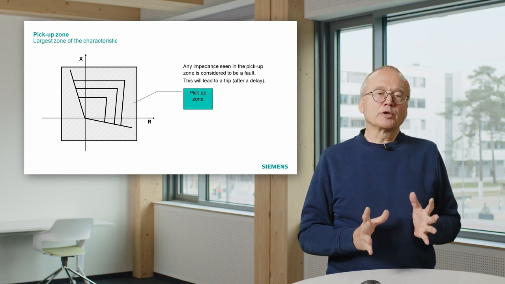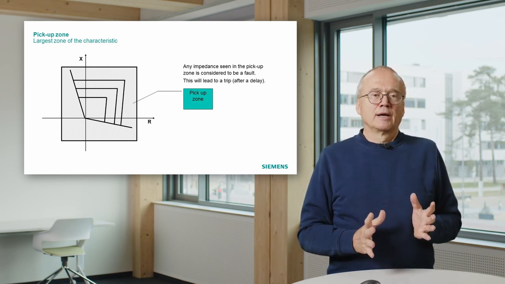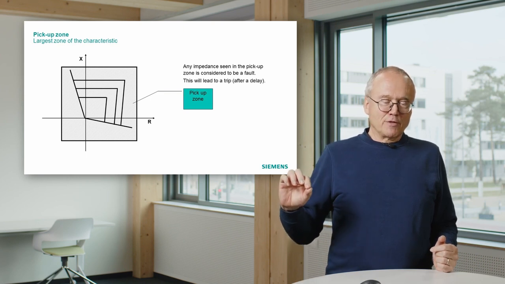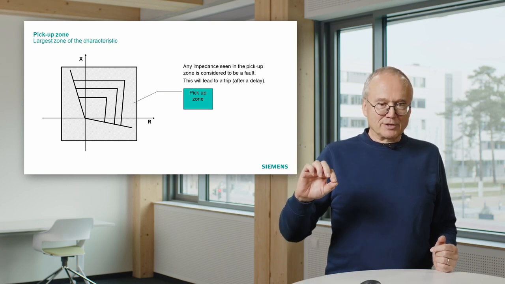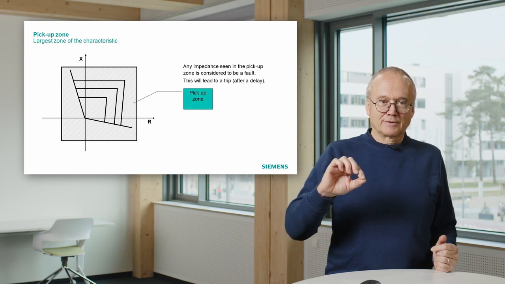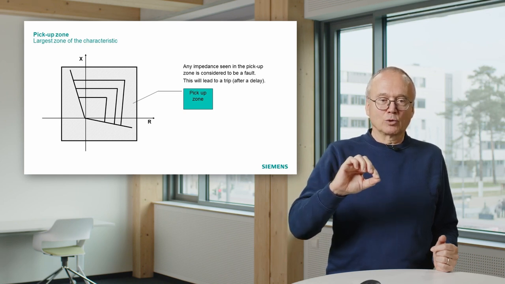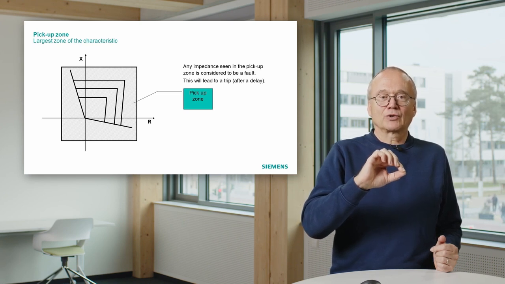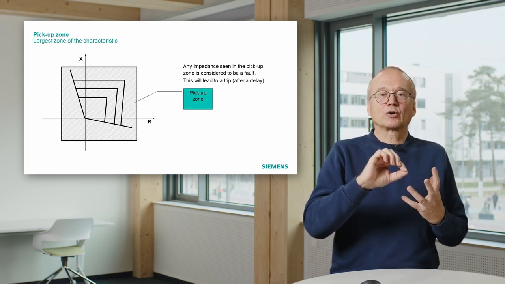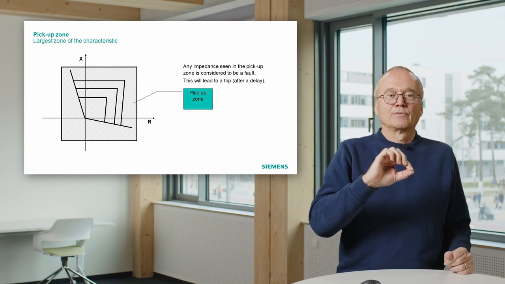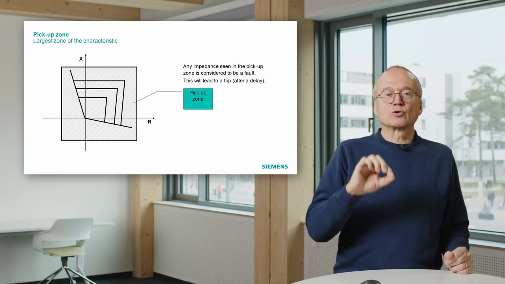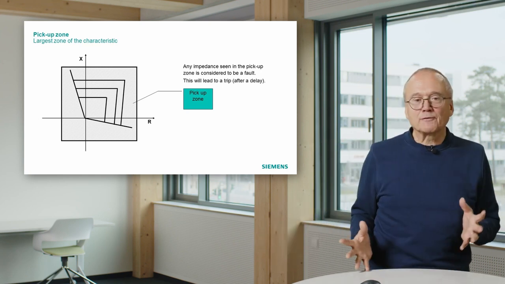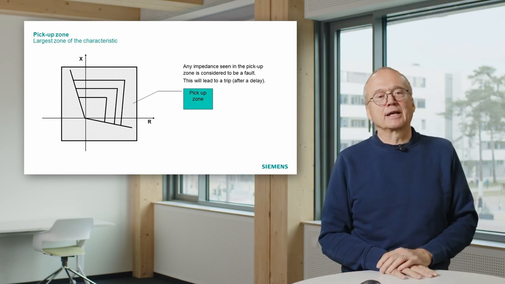And this pickup zone defines two things. You should be aware, if the impedance measurement with heavy load, remember, with heavy load the measured impedance is approaching our characteristic. And if you are in a critical situation, you suddenly may move into the characteristic and then you will trip. You normally have delay times, so all zones have delay times.